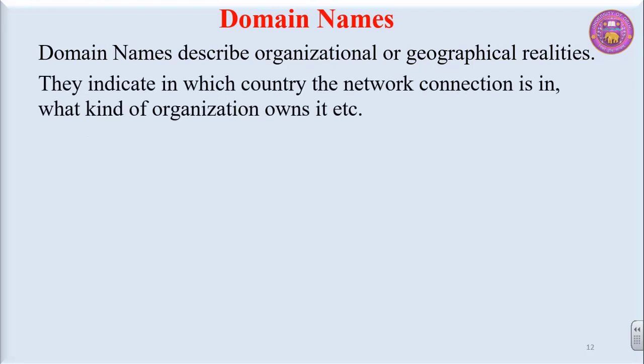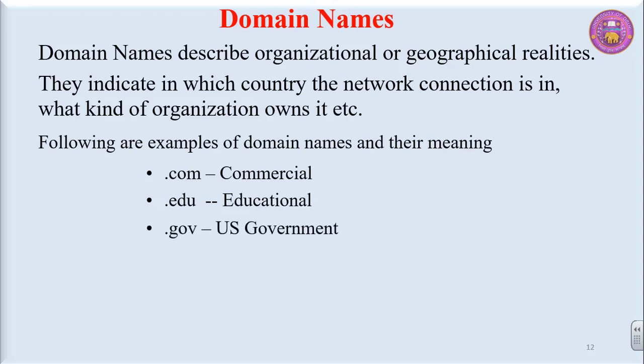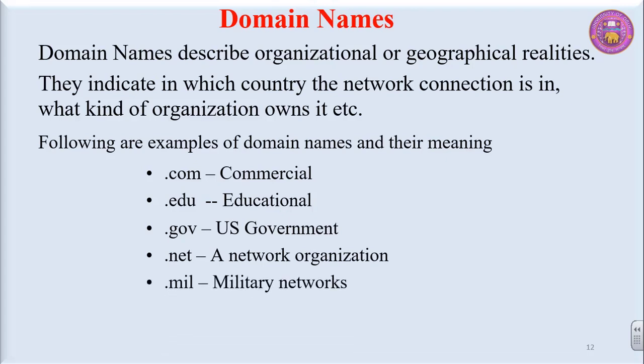They indicate in which country the network connection is, what kind of organization owns it, etc. Following are examples of domain names and their meaning. .com refers to a commercial organization. .edu refers to an educational institution. .gov refers to the US government. .net is a networking organization. .mil is for military networks. .org is mainly used for private organizations.